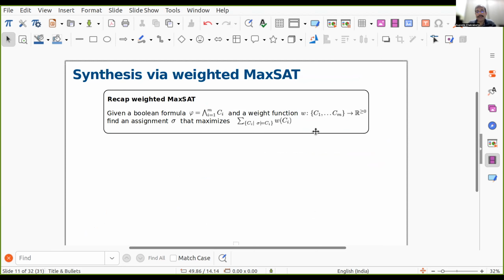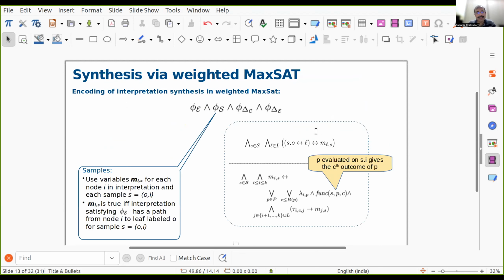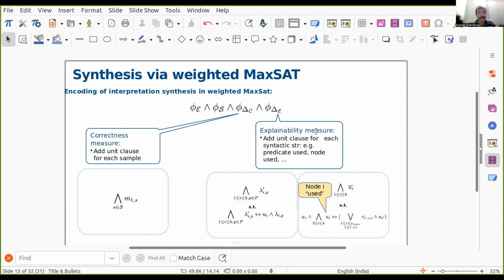Remember what we are maximizing. Let us say each sample is equal, so each of these clauses, the M1s, has a weight of 1. Each of these lambda prime IP has a weight which is the weight of the predicate P. Each of these UI bars has a weight of 1, and all the other clauses have 0 weight.